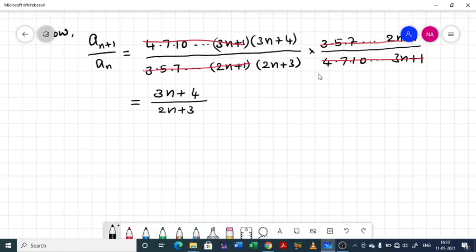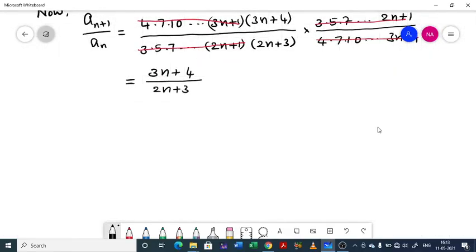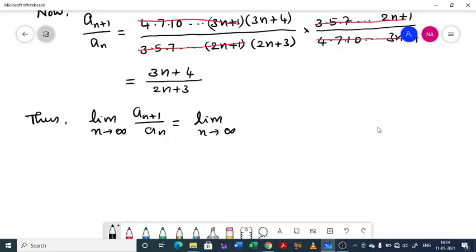Now taking limit on both sides as n tends to infinity, we will be getting thus limit as n tends to infinity, an plus 1 divided by an equal to limit as n tends to infinity, 3n plus 4 divided by 2n plus 3, right? n I will take outside, 3 plus 4 by n divided by, again here taking n outside, 2 plus 3 by n.